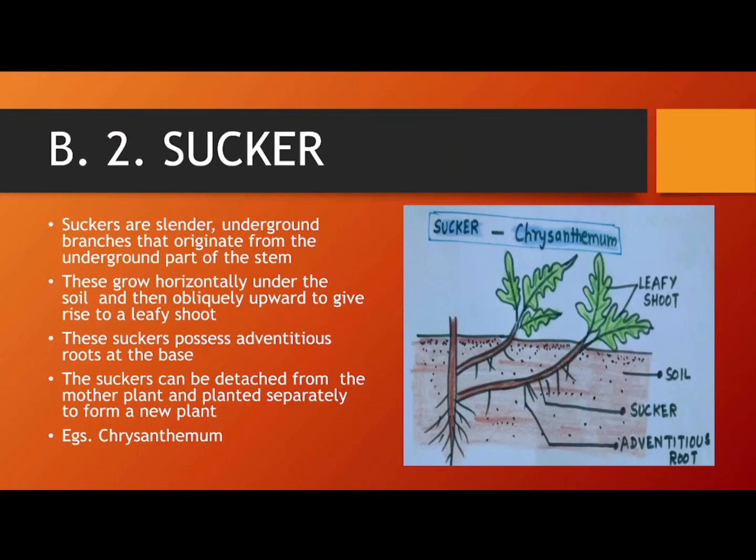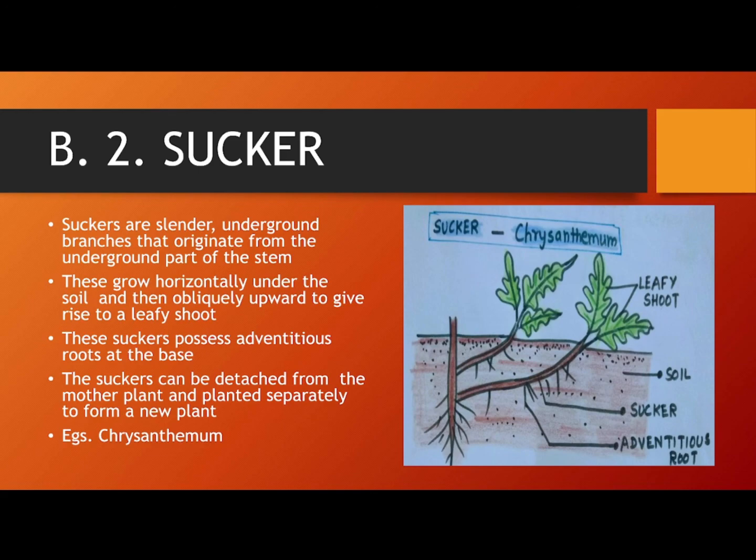Sucker. Suckers are slender underground branches that originate from the underground part of the stem. So from the underground stem arise buds. These buds grow initially inside the soil obliquely, and then come out above the soil, producing the leafy shoot.